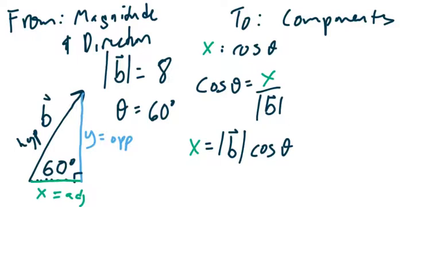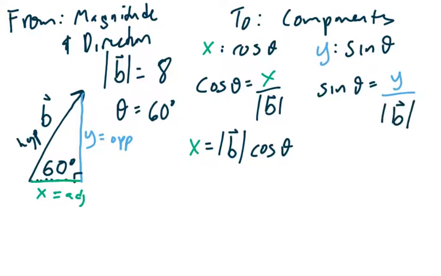Now, if I'm going to find y, I'm going to have to do something very similar. I've got the opposite and the hypotenuse, and that's going to be sine. So if I'm trying to find my y, I'm going to use sine theta. Sine theta is equal to the y component over the magnitude of b.